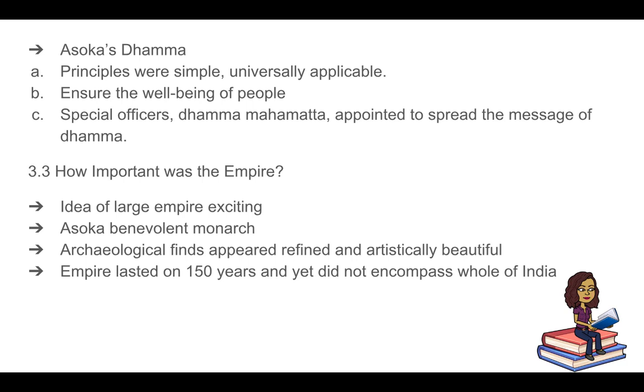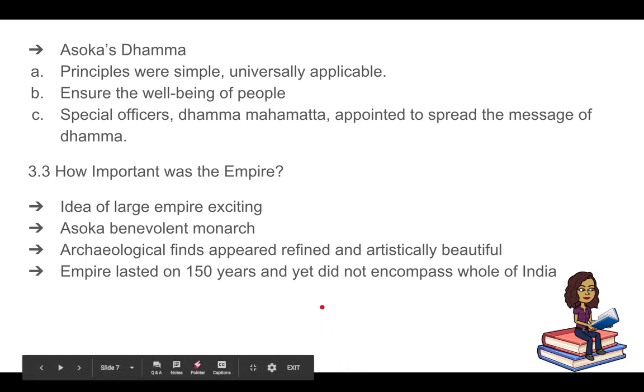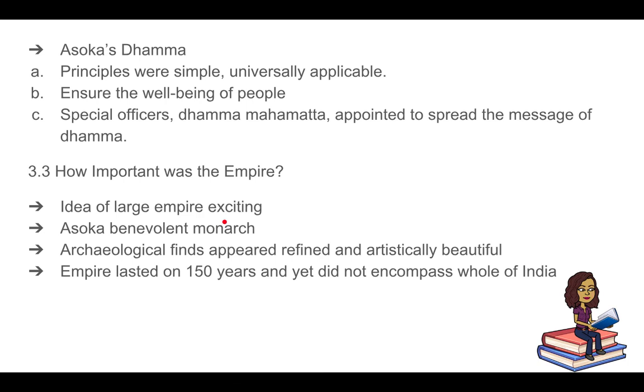Now, in the 18th and 19th centuries, when not just the British scholars but also Indian scholars were looking at India's past, the idea of a large empire was very exciting, especially in the context of the fact that the British colonialists were telling us that we were unsuitable for ruling ourselves, and which is why the British had come to civilize us.